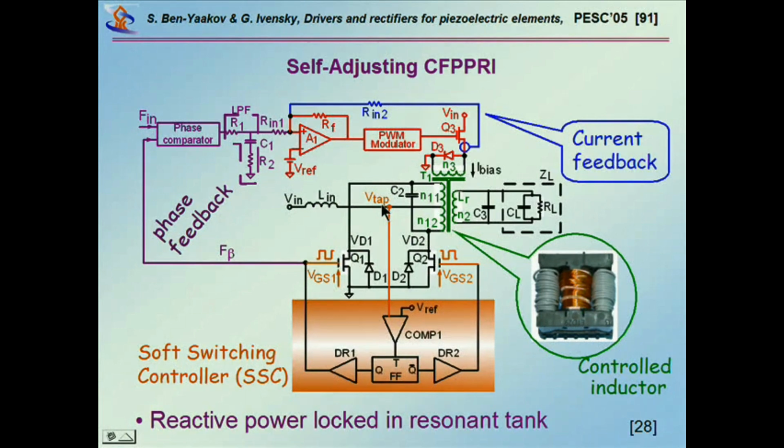So this will lock all the time to the resonance of the tank. That's good. The problem is that if you don't want this resonant frequency, you want another frequency.